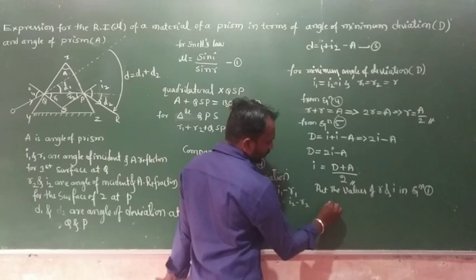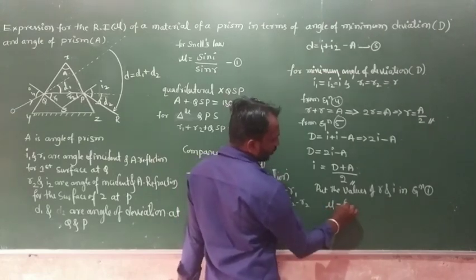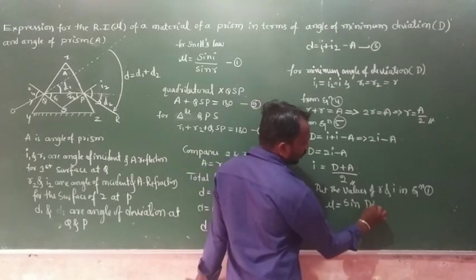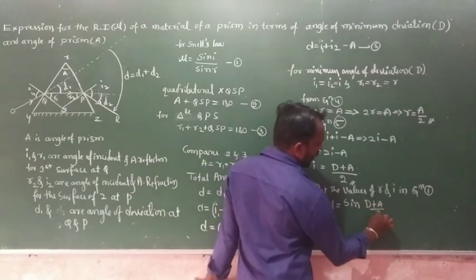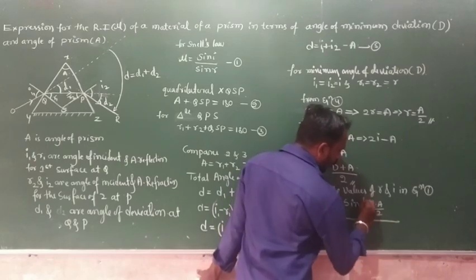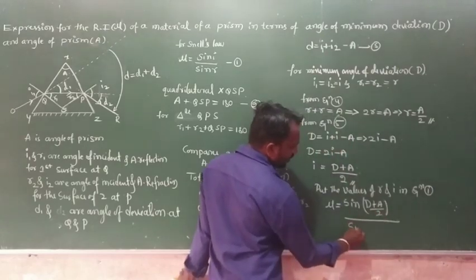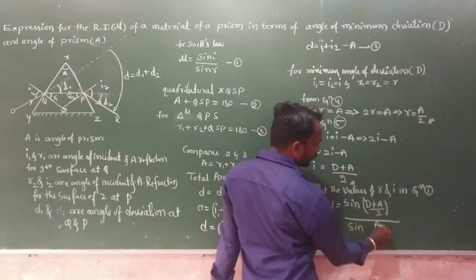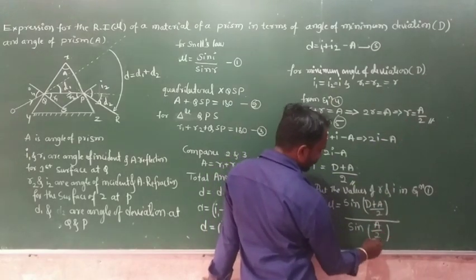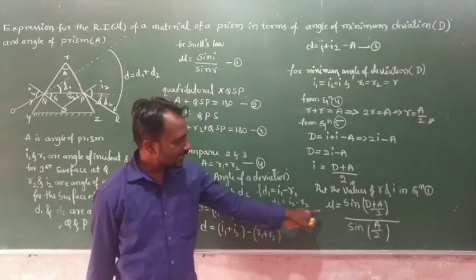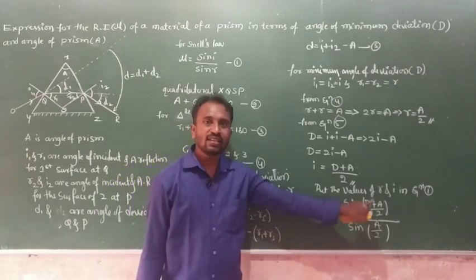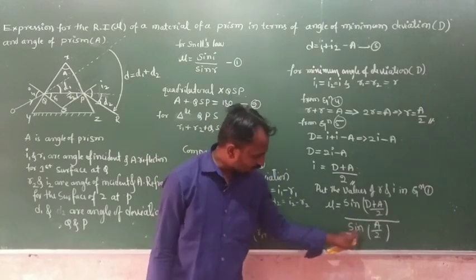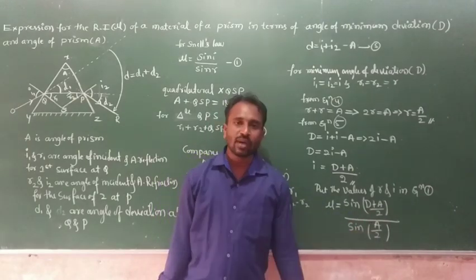So the refractive index mu is equal to sin I, which is D plus A divided by 2, whole divided by sin R, which is A by 2. So refractive index is equal to sin of D plus A by 2, whole divided by sin of A by 2.